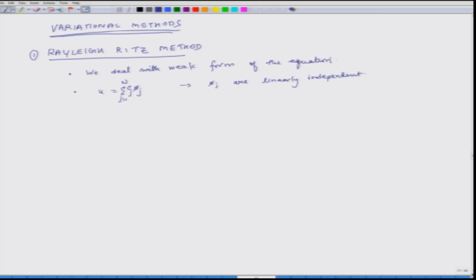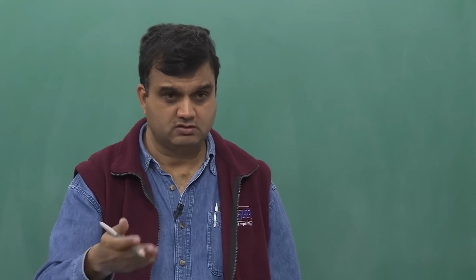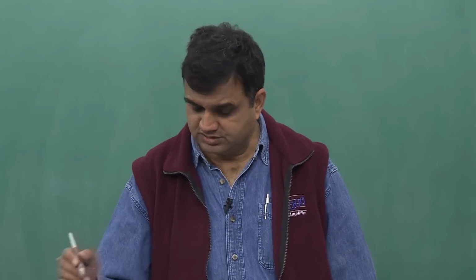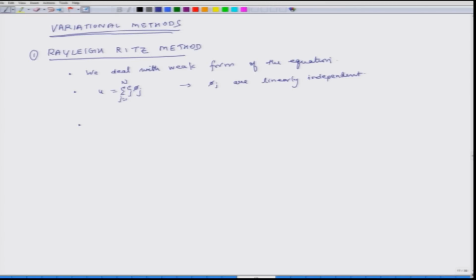Otherwise, we will get simultaneous equations, n equations in n unknowns, but when we start solving them, we will not be able to solve for the unknowns. The third thing is that in the Rayleigh Ritz method, W is nothing but phi i.